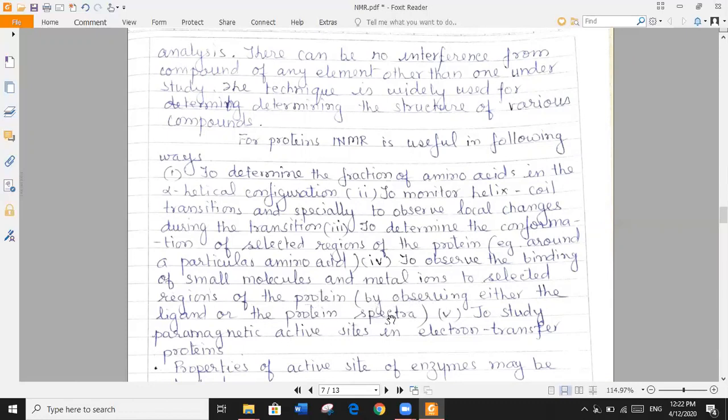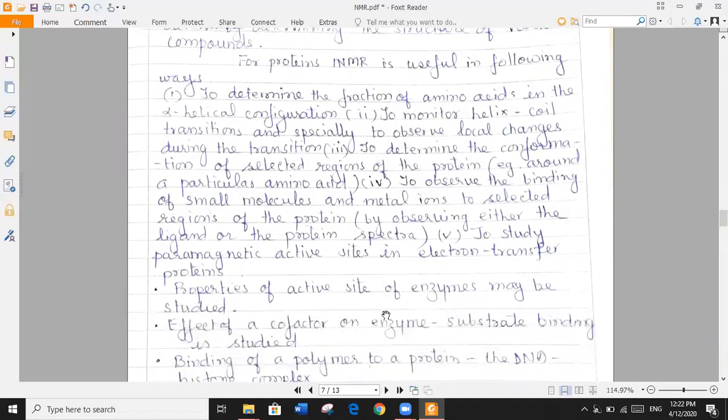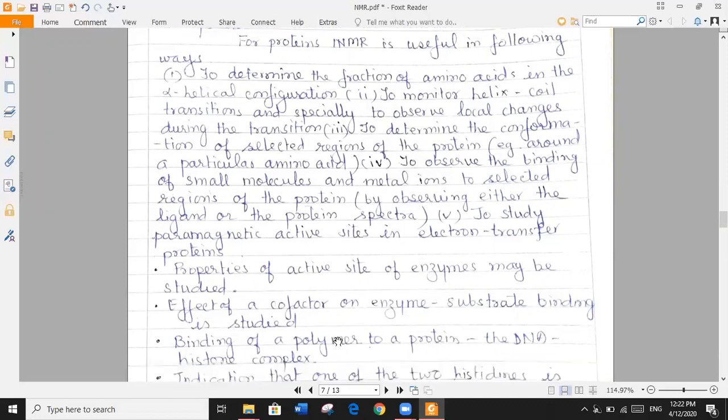That can be observed by change in spectra in NMR, to study the paramagnetic active sites in electron transfer reactions or proteins. Properties of the active site of an enzyme may be studied. Effect of cofactor on enzyme substrate binding is studied.